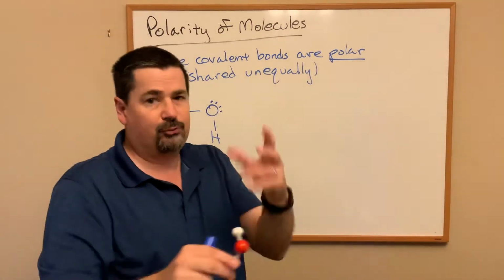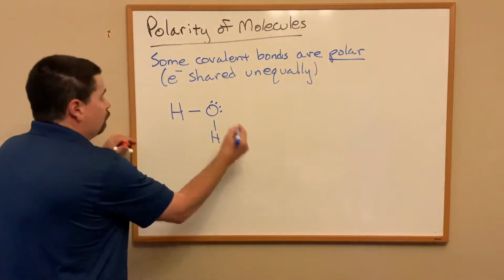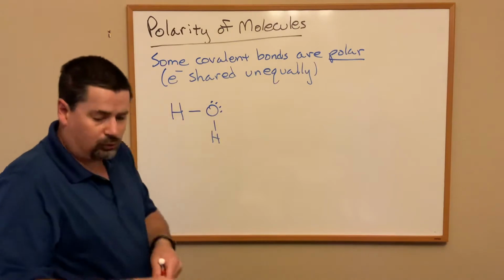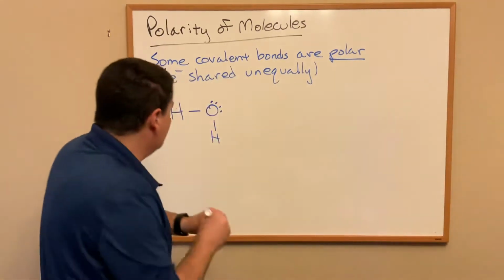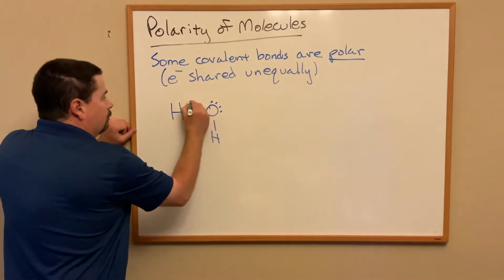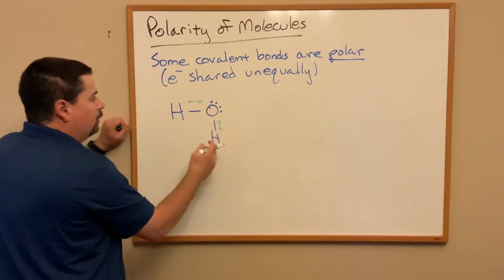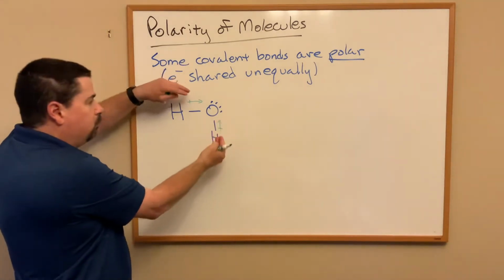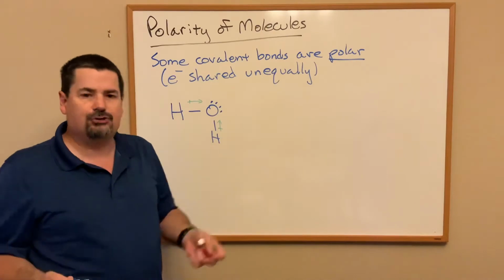So water illustrates the two things that we need. For one, we need these polar bonds, polar covalent bonds. And maybe I'll draw it in green here. So usually we draw a little arrow and kind of have a little cross there to make a plus. This means the electrons are pulled more towards the oxygen, the more electronegative atom.